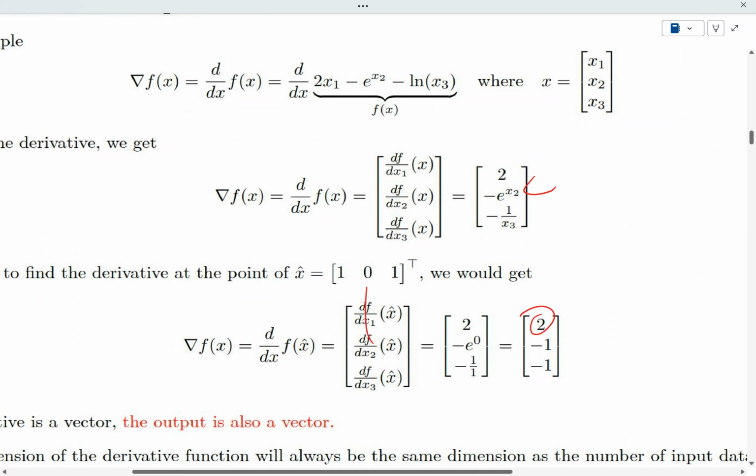If we were to increase the second one, we're going to decrease the value, and the third one we're going to decrease. So it's telling us exactly which dimension will increase the output of the function and which dimension will decrease the output.